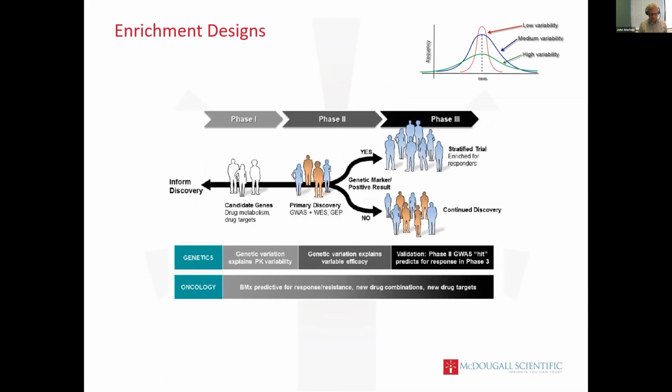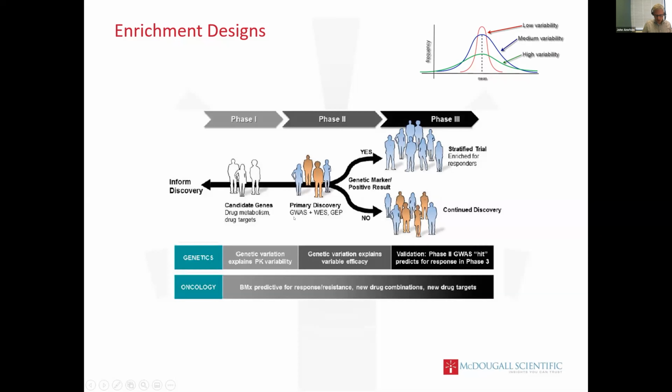Another design feature is enrichment, and it's similar to stratification in that we're dividing up the patients at baseline based on some characteristic. And in this case, it's usually a biomarker. Is where enrichment designs first came about.